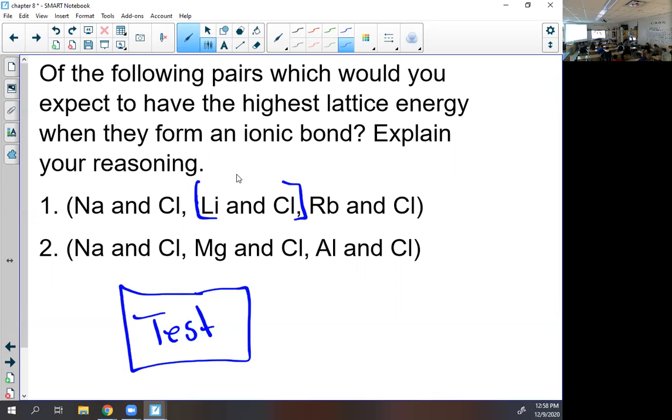I definitely want something about the radius or the distance. Okay. How about these? Aluminum. How come? The charge is greater in aluminum. It's a plus 3. The aluminum has the highest ionic charge. We all right with that?